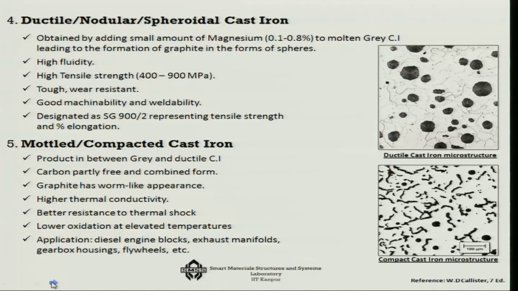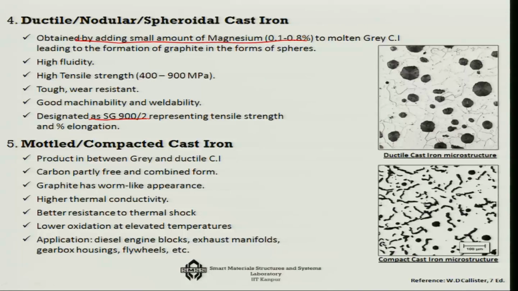Similarly, you can think of designing your own nodular iron, which you can do by adding a small amount of magnesium, 0.1 to 0.8%, to molten grey cast iron, leading to the formation of graphite in the form of spheres. It has high ductility and high tensile strength. It is tough and wear resistant, with good machinability and weldability, and it is designated as SG 902, representing tensile strength and percentage elongation.